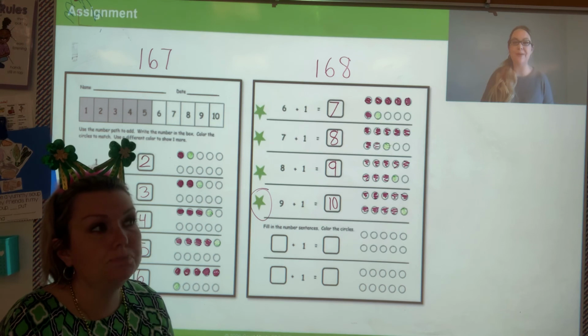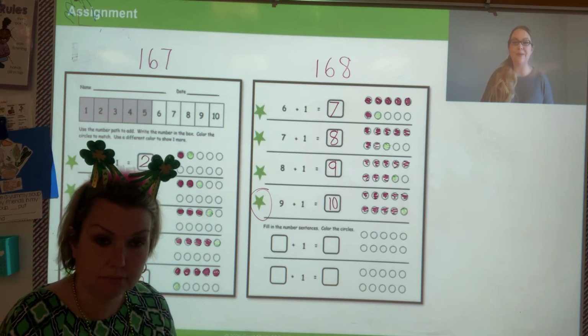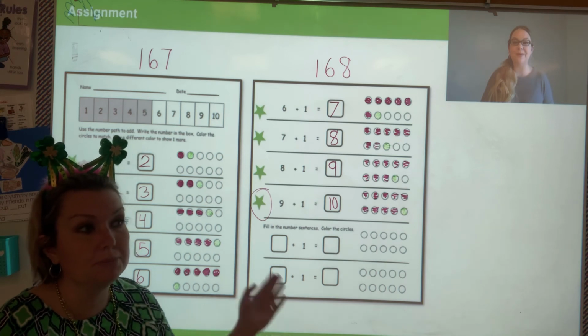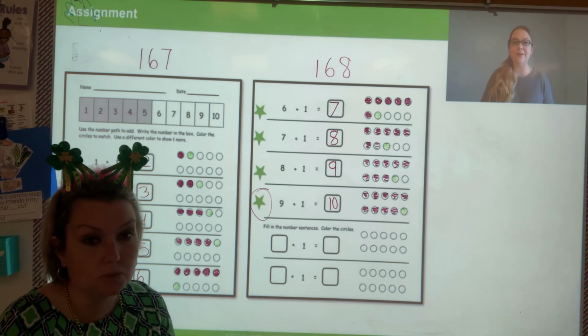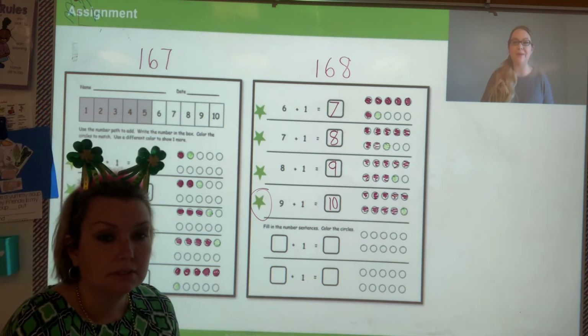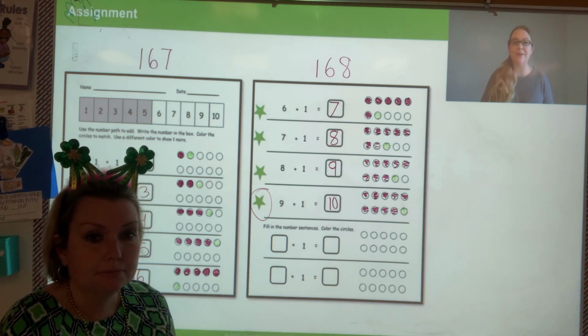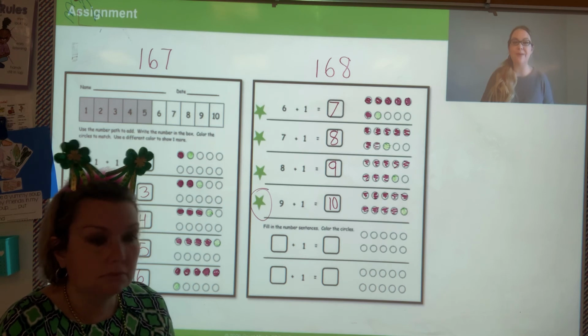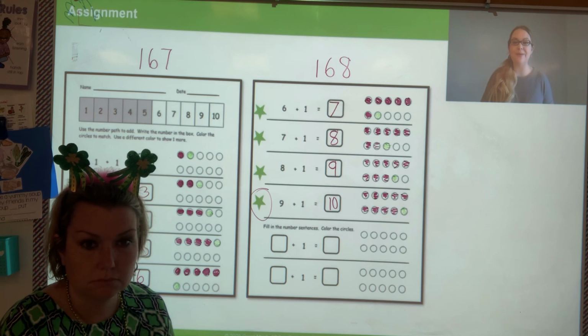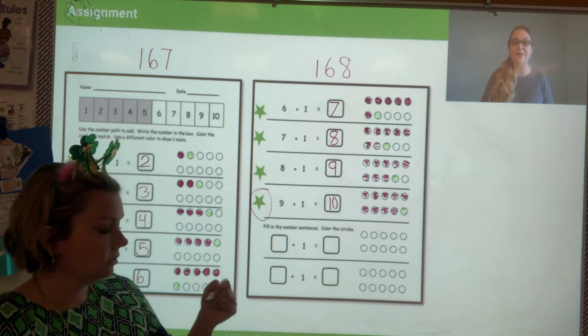Well, could you pick a number lower than 9? Like a 6? Lower would be under 9, so 8 or 7 or 6 or 5 or 3 or 2 or 1.